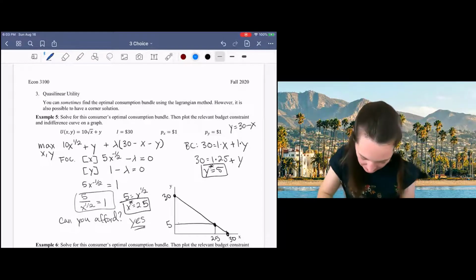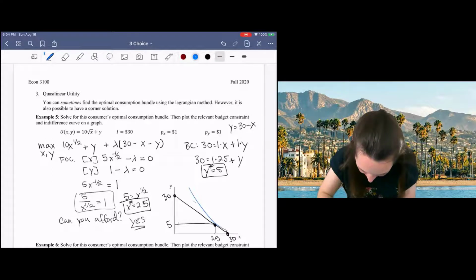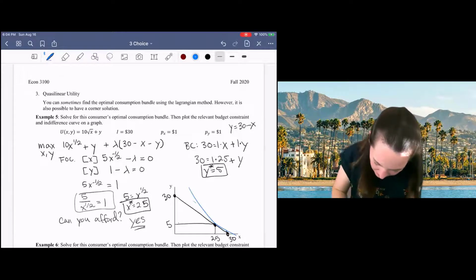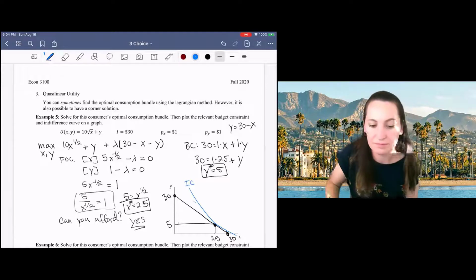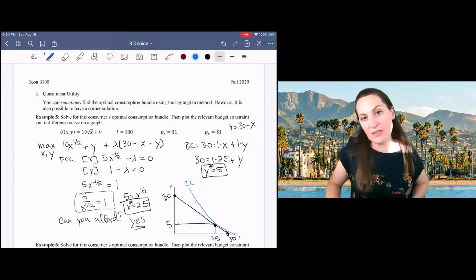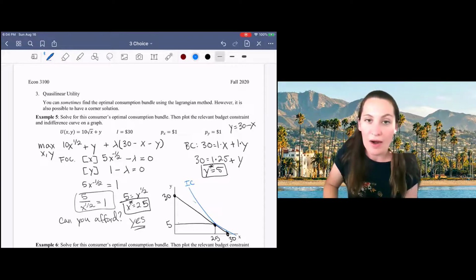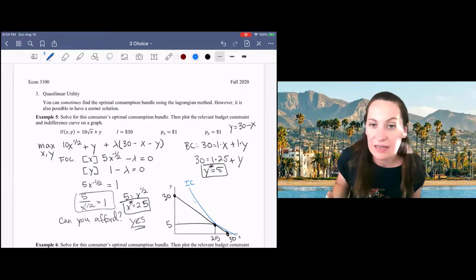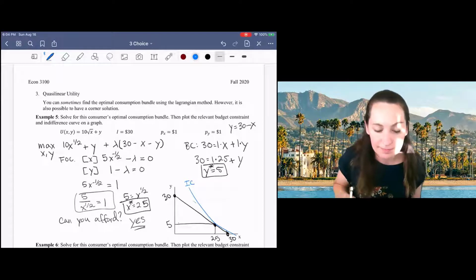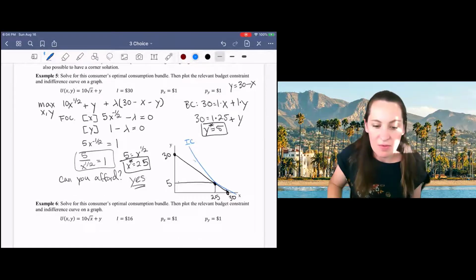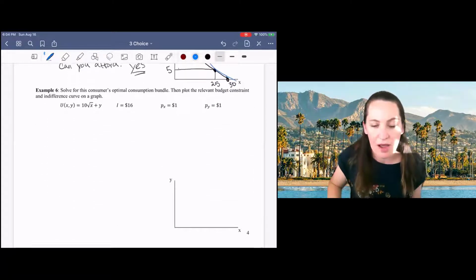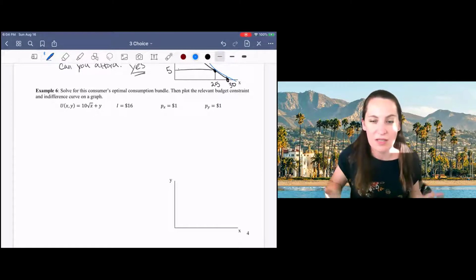And my indifference curve, I don't know, looks something like that. Notice that the indifference curve for quasi-linear utility can cross the x-axis, whereas for Cobb-Douglas utility, it would never cross the x-axis. That will become important here when we're talking about the corner solution for quasi-linear utility.